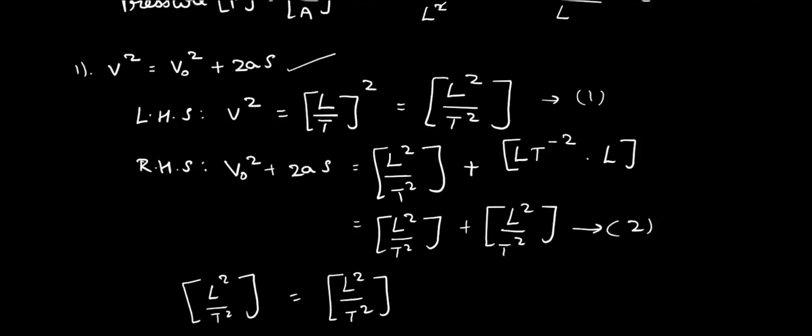And 2 is a constant, so it has no dimensions. For acceleration we have length by time square, or L T power minus 2, dot L for displacement. So we got the final answer as L square by T square in both LHS and RHS.